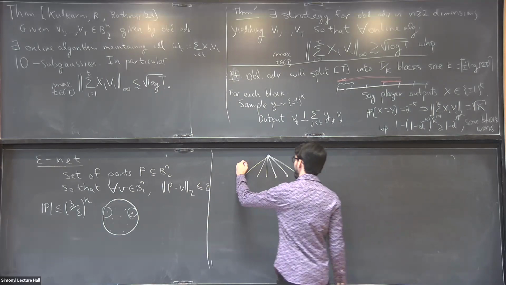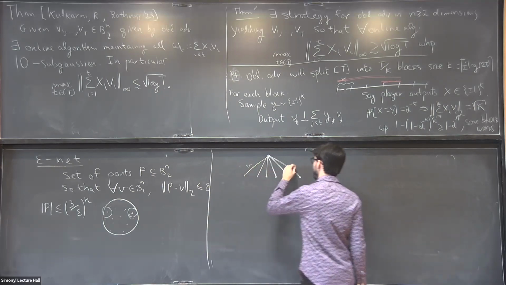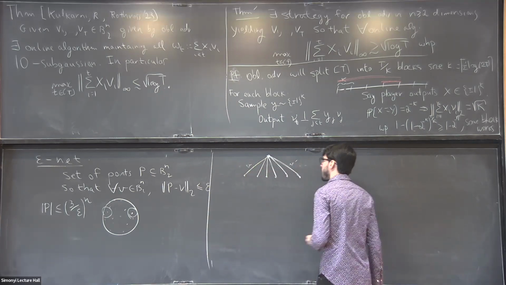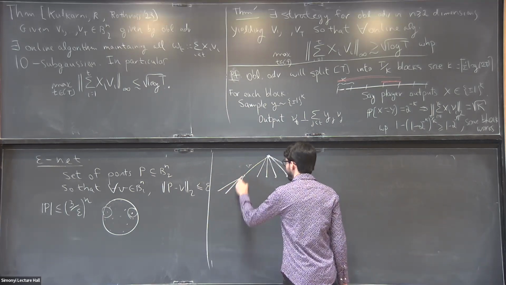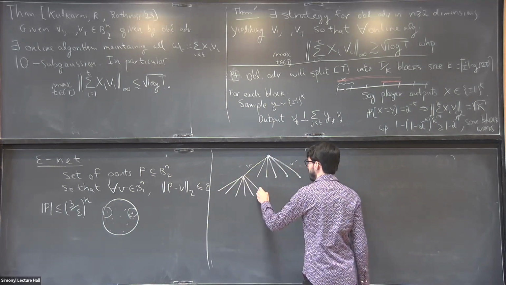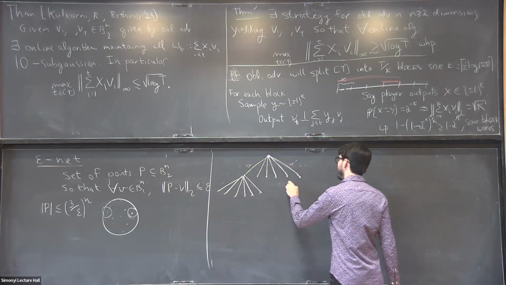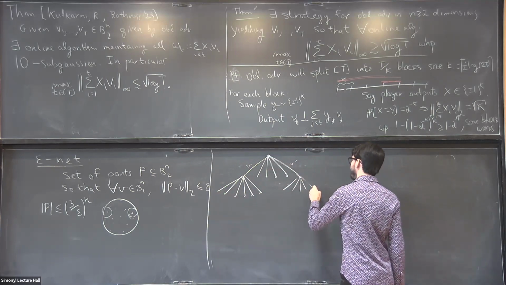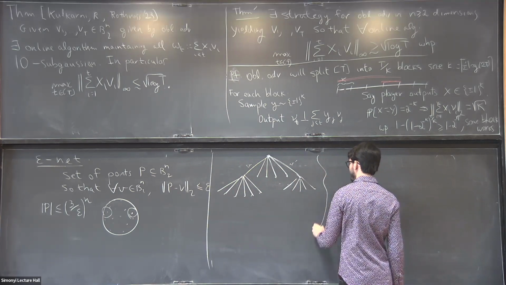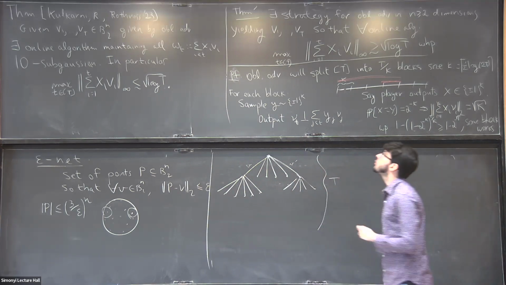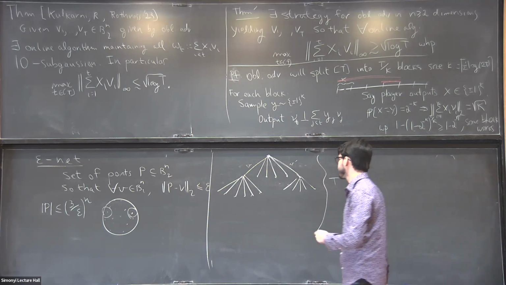So I will have some vectors here, and I put the same epsilon net under each one of the vertices that are not leaves. And I want this tree to have depth t, where t is the number of vectors.